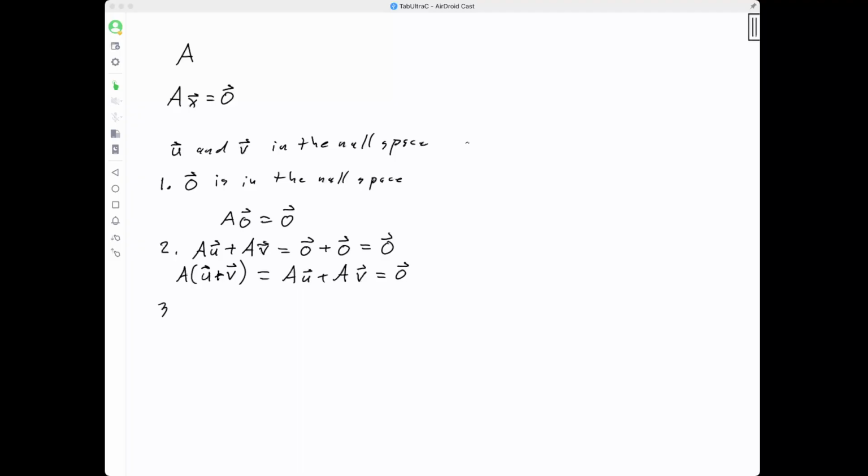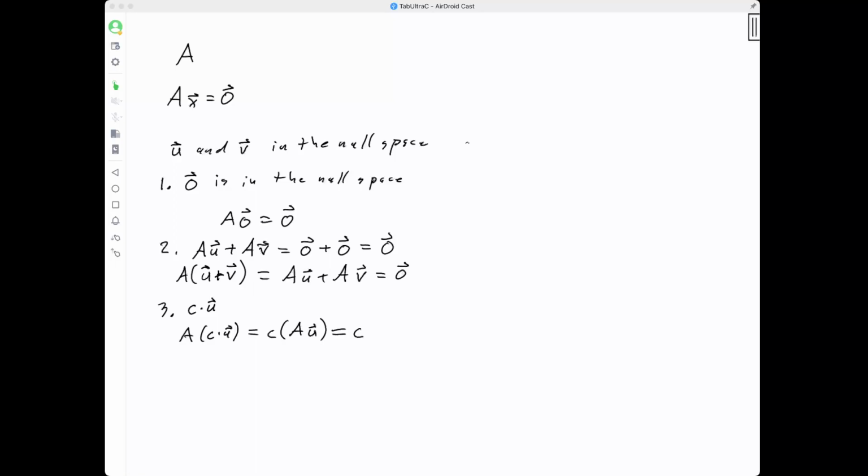The third thing I have to show is that C times U is in the null space. So to do this, I take A times C times U. But by the properties of matrix multiplication that we learned earlier, I can rewrite this as C times AU. And since U is in the null space, AU is equal to 0.